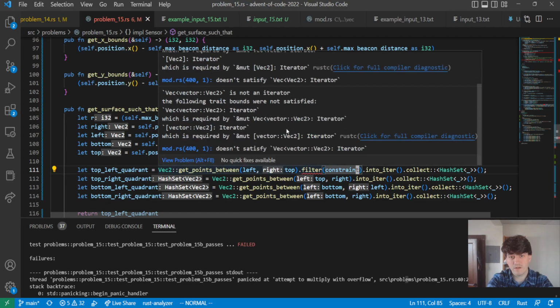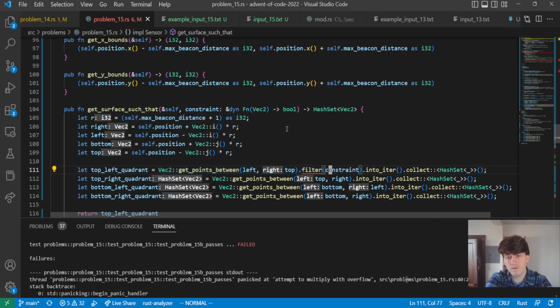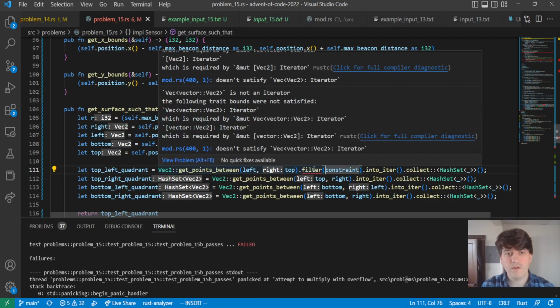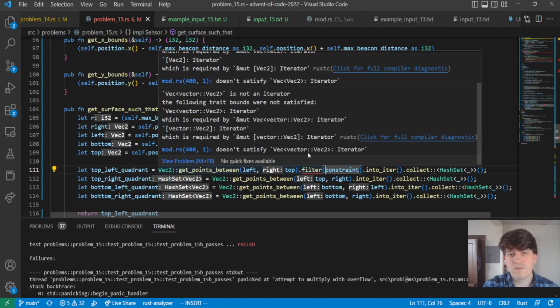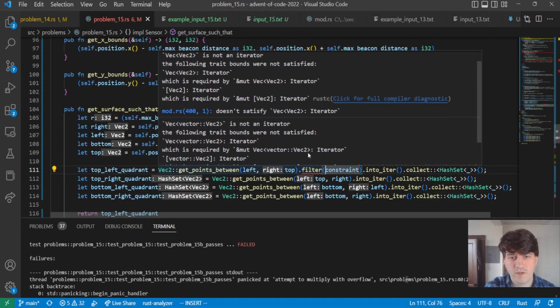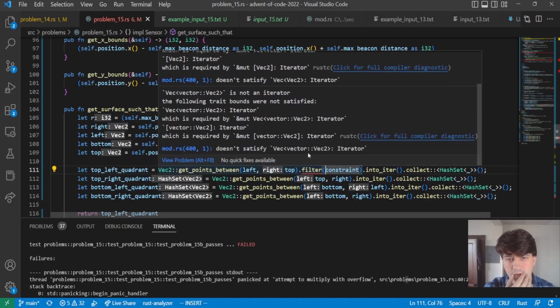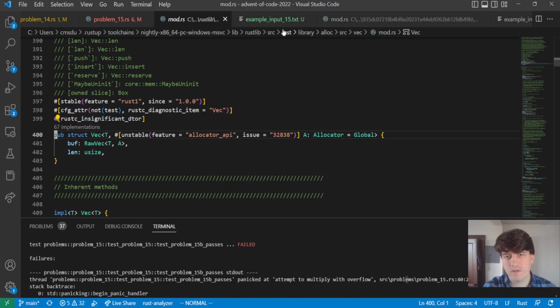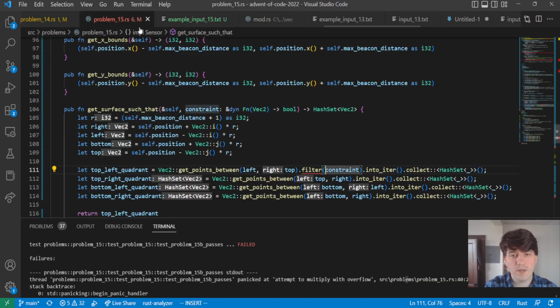Dot filter. What's the issue here? Trait bounds. Mod 1 doesn't size. Ugh. It's not what I care about.